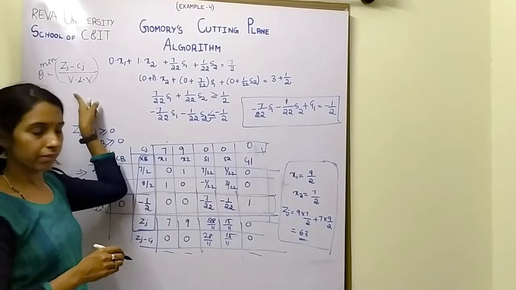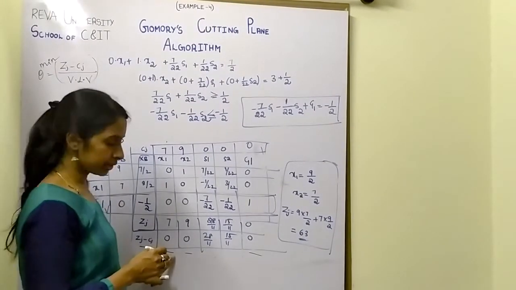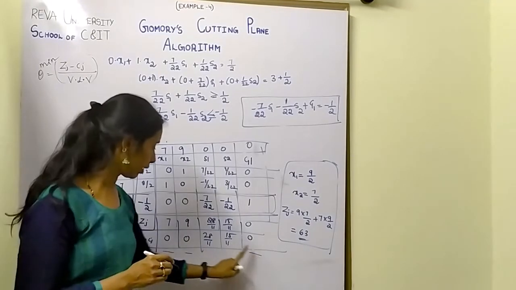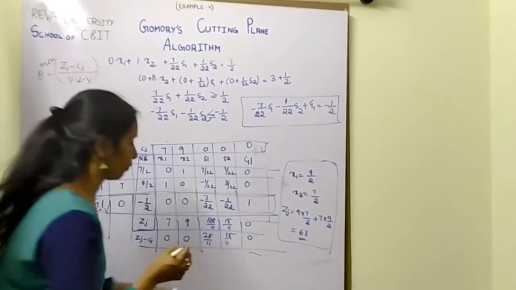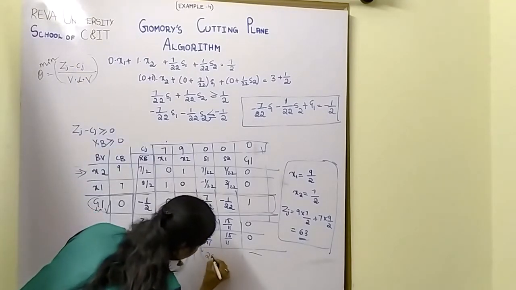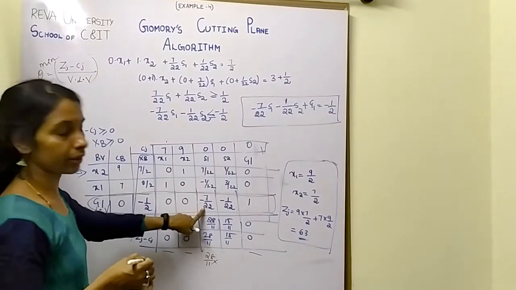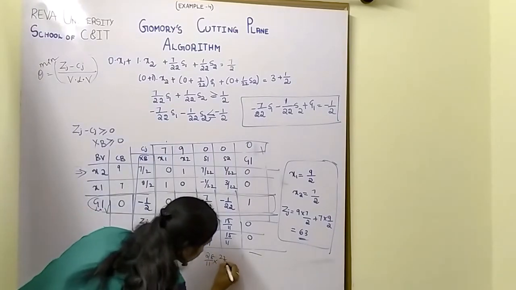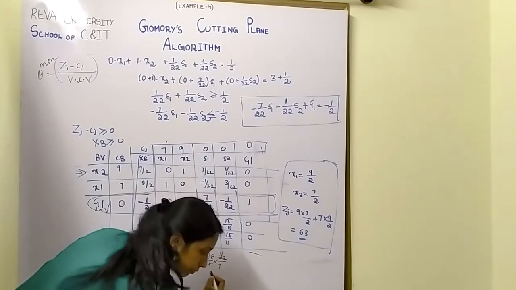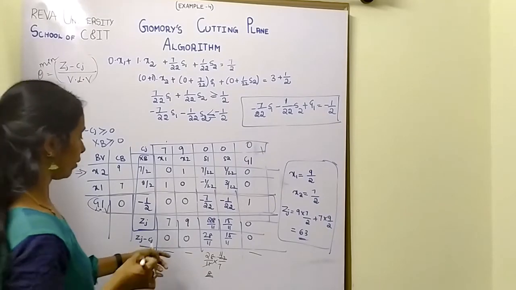Find out the theta value now. Since it is a 0 here, you can just write hyphen, hyphen, hyphen. So you have to find out the value for this. Zj minus Cj value is 28 by 11 divided by the value in the entering column, 22 by 7. So this becomes around 8.